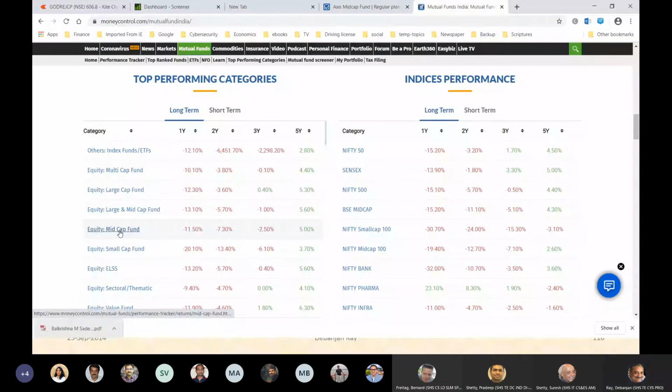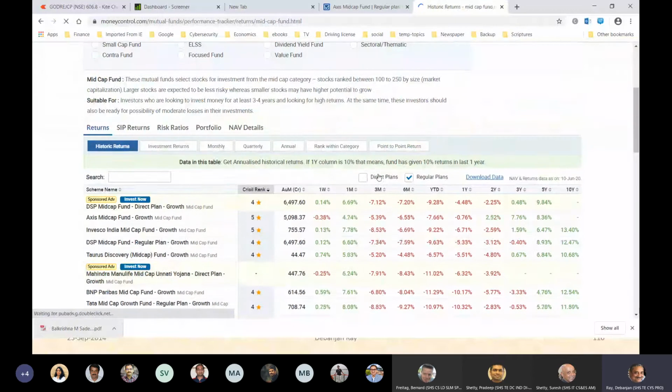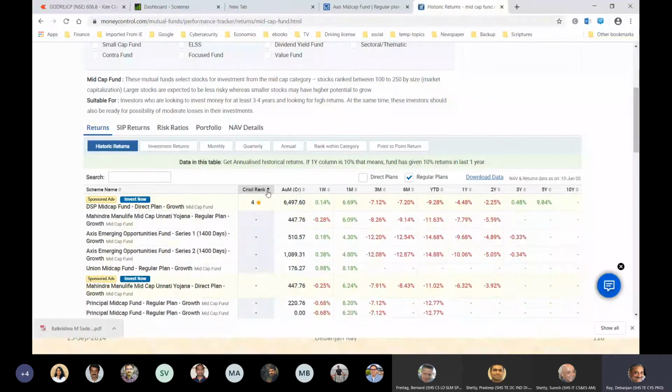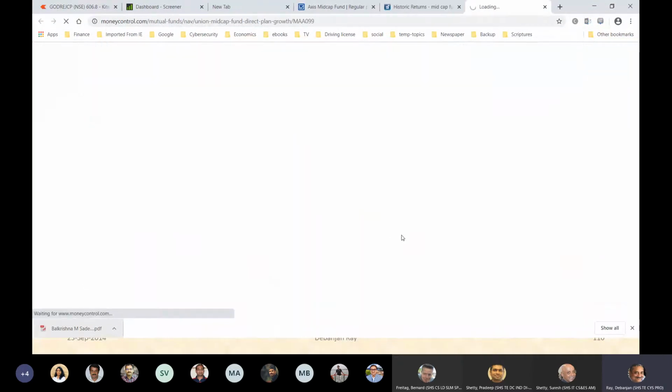You can go to the equity mid cap mutual funds and see the top ones. Obviously there is the ranking, but here there is also a CRISIL ranking. Now you can see the Axis mid cap. Both the sites are recommending that this is the better fund, and you can go for that and pick up a few of the top ones.